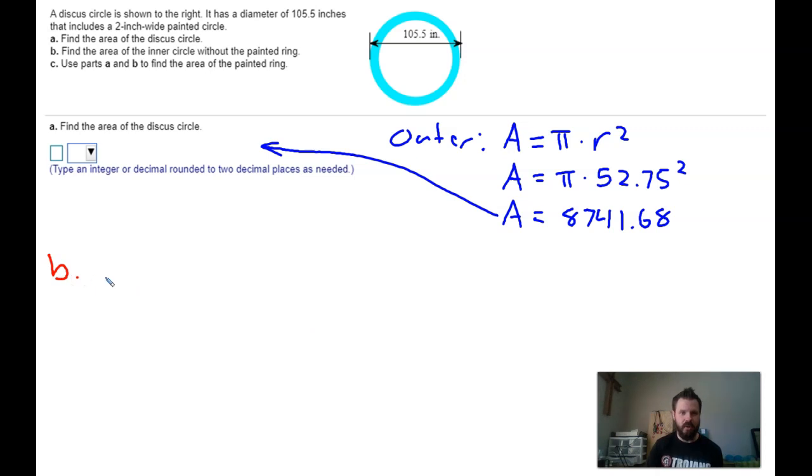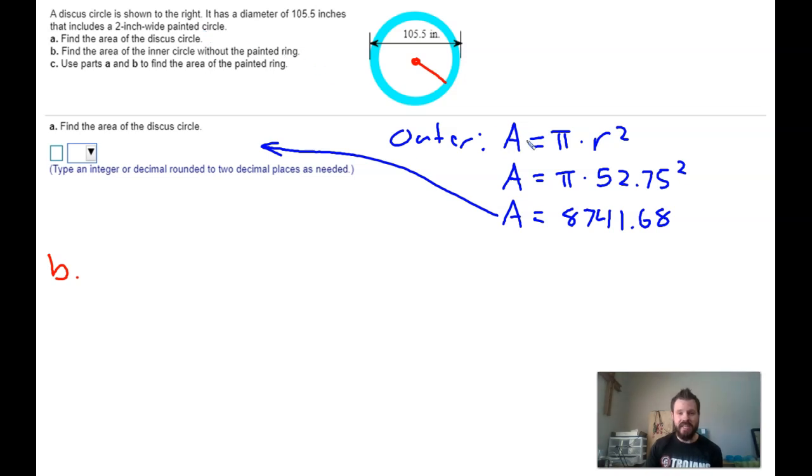Okay, B, we want the area of that inner circle, so I'm going to need to figure out its radius. All right, it says that the diameter of this whole thing is that 105.5, which you just used, inches, that includes a 2-inch wide painted circle.